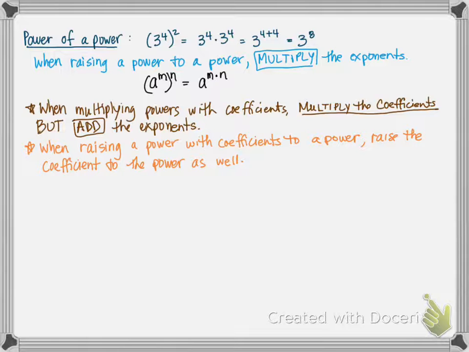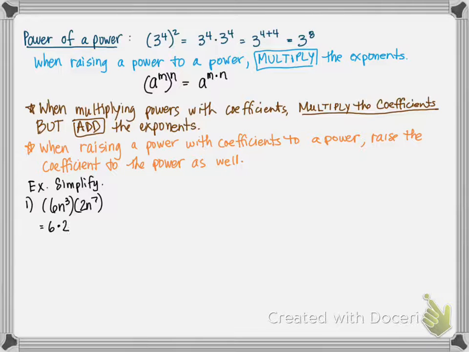So the directions we're going to hear are simplify, which means do all the math you can do until there's no more math to be done. And let's do 6n cubed times 2n to the 7th. So first thing I'm looking at, and I can always do this, is I can always take the coefficients and I can multiply them.